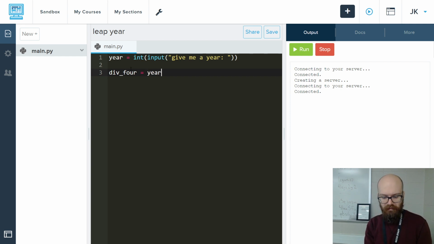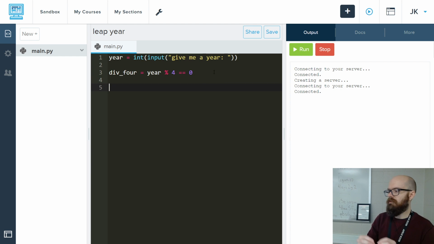And we get that by using this percent operator, which is the year modulo 4. This is a division, and then it tells you how much is left over. It's used for things on cycles, like a clock. If you take 13, well, that's the same as 1 because it's on a cycle of 12.